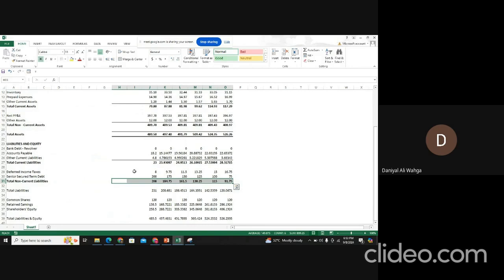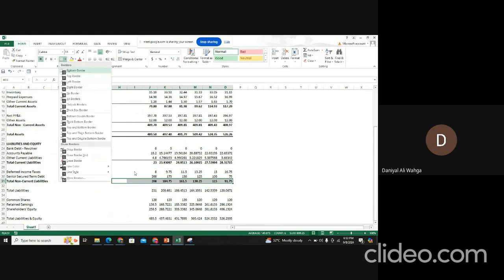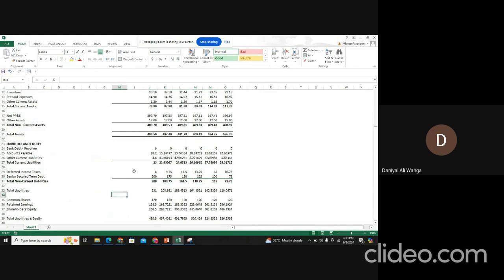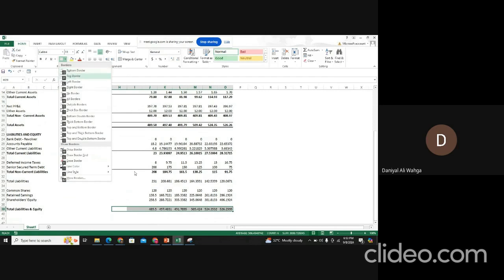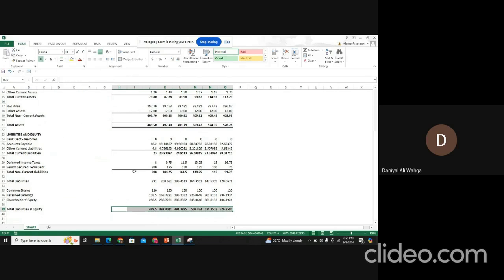Control B. Similar way it moves forward to my equity and liability balances. At the end, I told you it should have the top and thick bottom border. Control B.